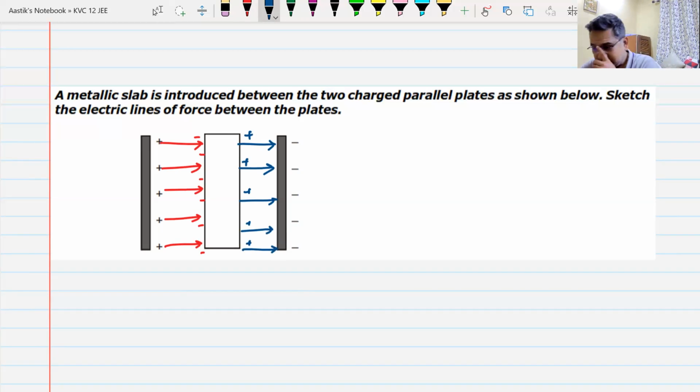Do we understand this? Yes, sir. Understood, sir. Anyone got this? This is a question from my IIT-JEE, the year I gave IIT-JEE.